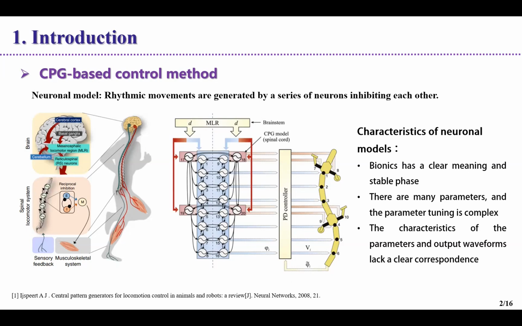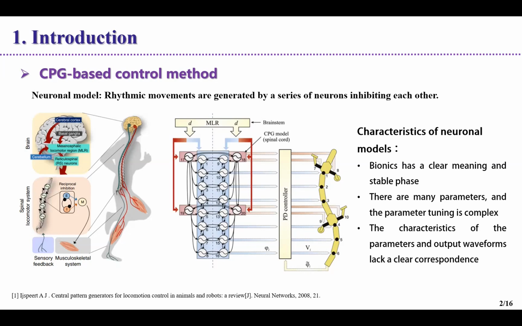And biologists have found that rhythmic behaviors such as walking, running, and other movements are self-regulating behaviors produced by the lower nerve centers in the spinal cord, without the participation of the cerebral cortex.